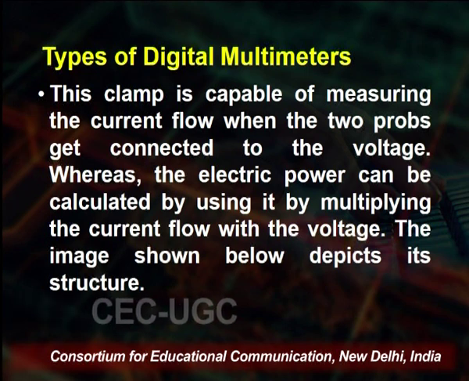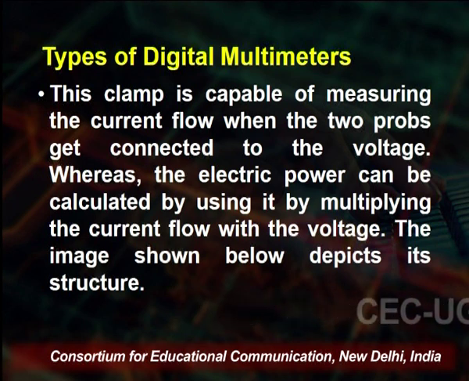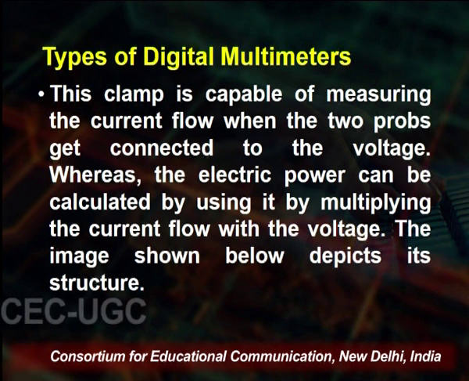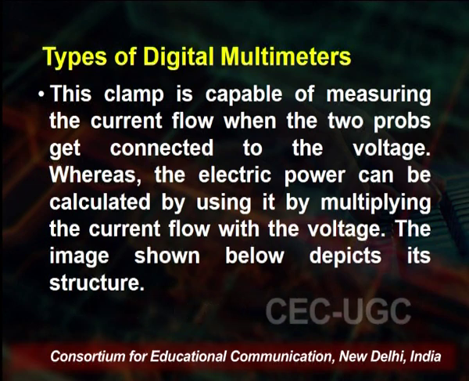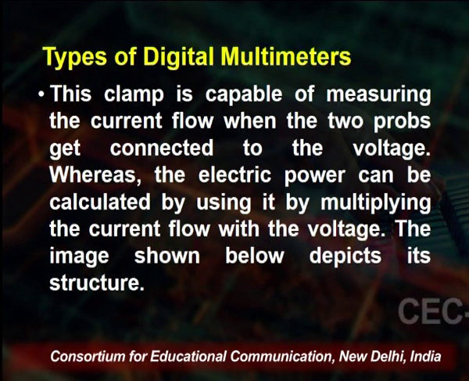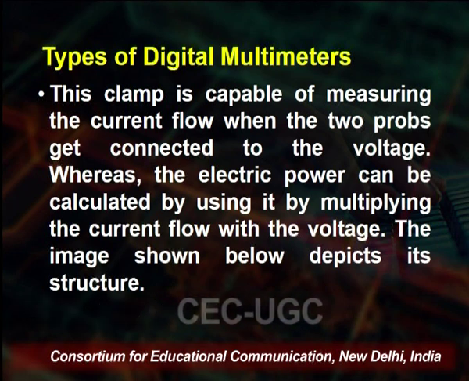It means we can find out the flow of current just by connecting the probes, which are two connectors, to the voltage, whereas the electric power can be calculated by multiplying the current flow with the voltage. So, power we can calculate accordingly.